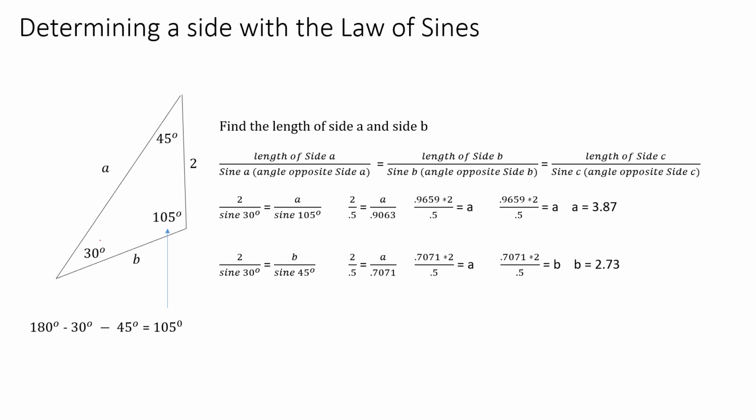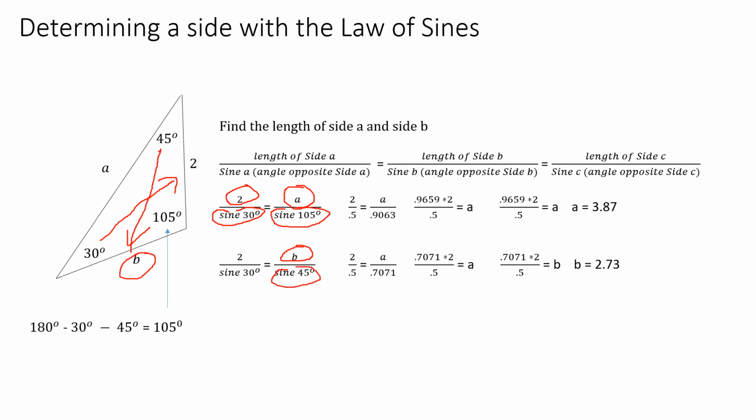So using the law of sines, here's my 2, here's my sine of 30 degrees, and I want to figure out what length B is right here. Well, that is the opposite of 45 degrees. So I've set it up where 2 over sine of 30 degrees equals A, my hypotenuse, over sine of 105 degrees, and B over sine of 45 degrees.